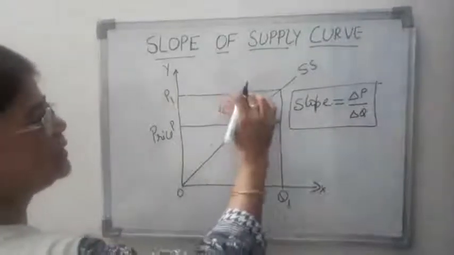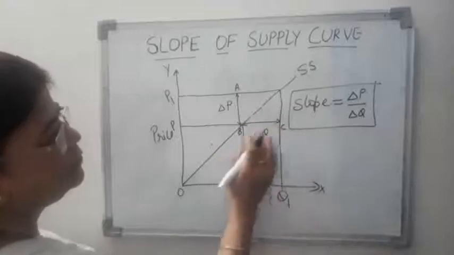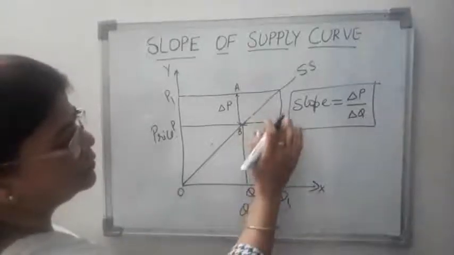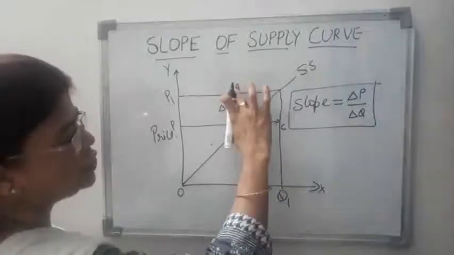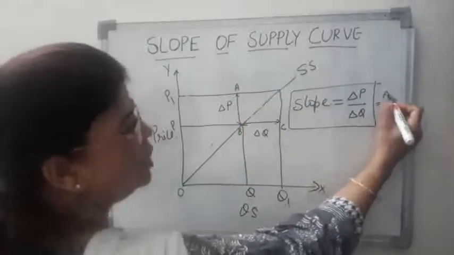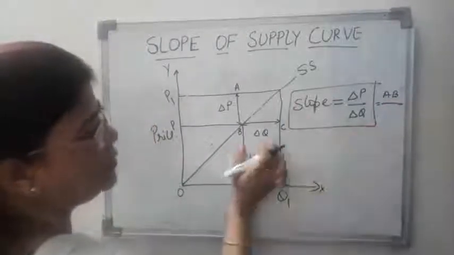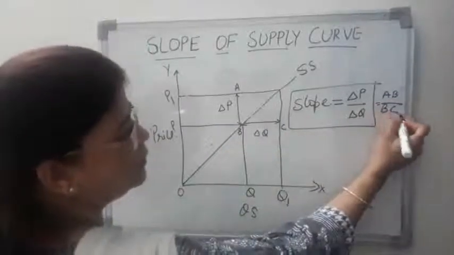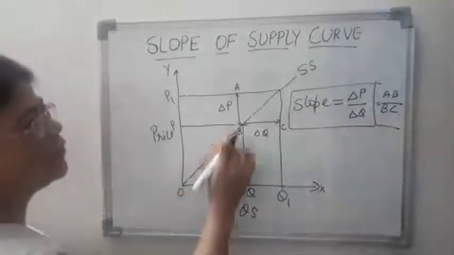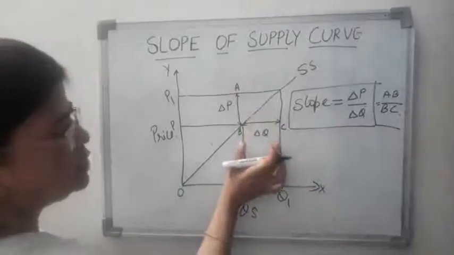So change in price, AB is the change in price. So we can also write the slope as equal to AB upon BC. So this is the slope of supply curve, change in price upon change in quantity.